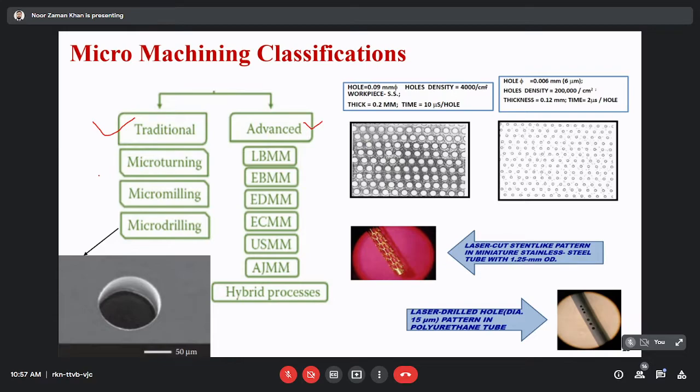These examples are traditional micro cutting, such as drilling of micro holes. Like this, you see, this is a traditionally drilled micro hole with the help of a micro drilling operation or micro milling operation.